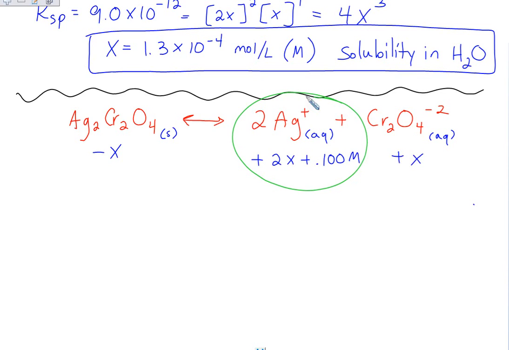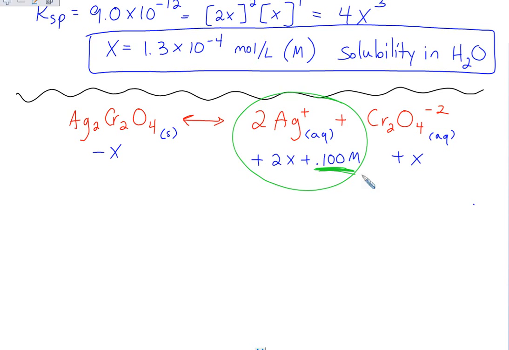We're not adding it to water. We're adding it to a solution that already has silver. It already has 0.1 moles of silver. Now, to that, we'll add some more silver. By however far this goes forward, 2x, we're going to have a substantial amount of silver in the final solution. That original 0.1 moles from the silver nitrate solution plus 2x, a little bit of silver from the dissociation of this silver compound.